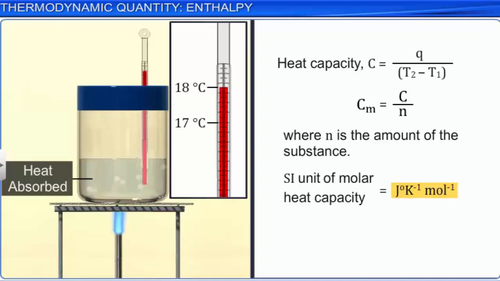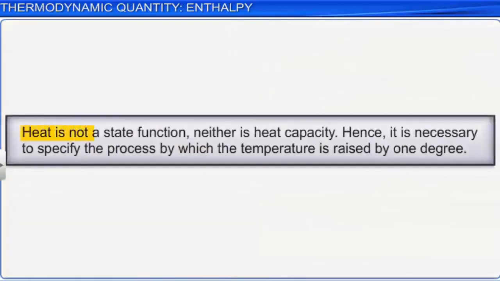The molar heat capacity C_m equals heat capacity C divided by n, where n is the amount of the substance. Heat is not a state function, neither is heat capacity. Hence, it is necessary to specify the process by which the temperature is raised by 1 degree.